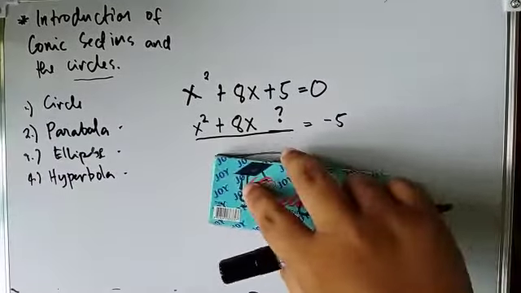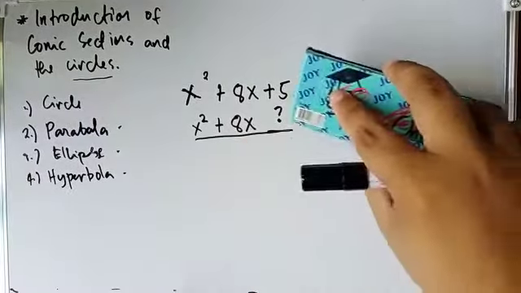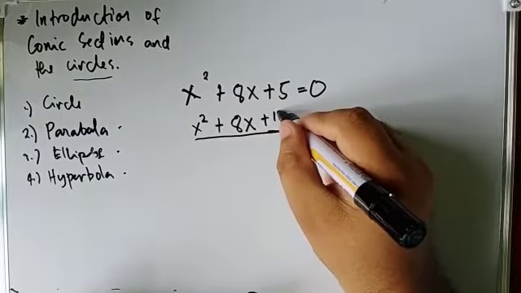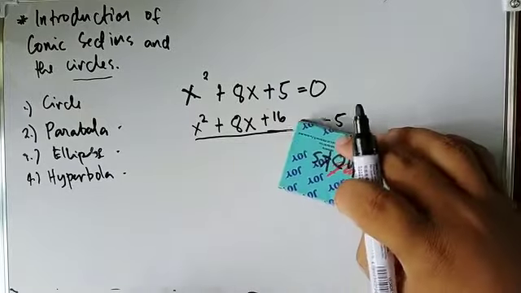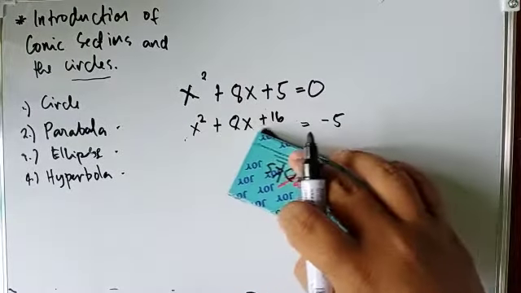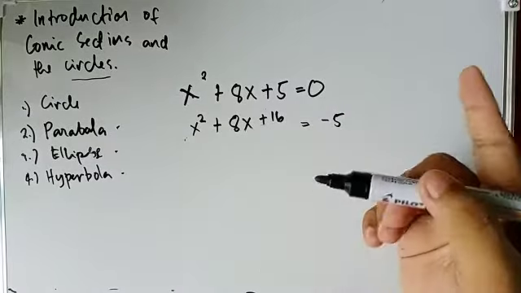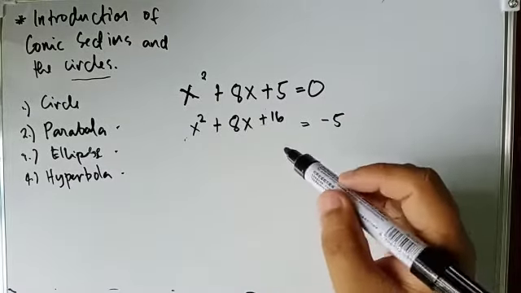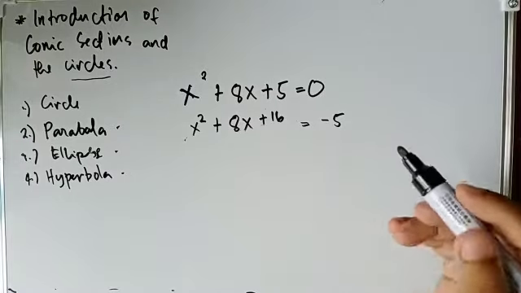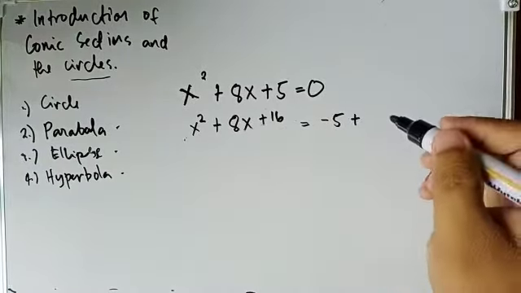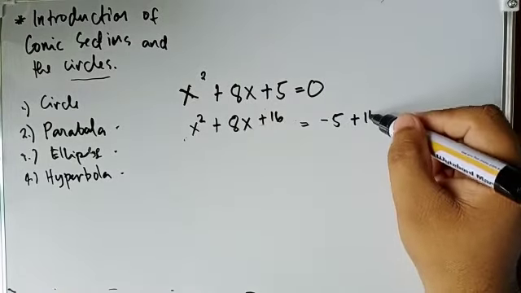So, meaning to say, yung ilalagay natin dito would be positive 16. Again, ulitin ko, paano nakuha sa 16? So, dinivide ko yung 8 ng 2, tapos kinuha ko yung square niya. So, 8 divided 2 is 4. Take the square of 4, that is 16. So, since nag-add ako dito ng 16, also, don't forget to add 16 on the other side.